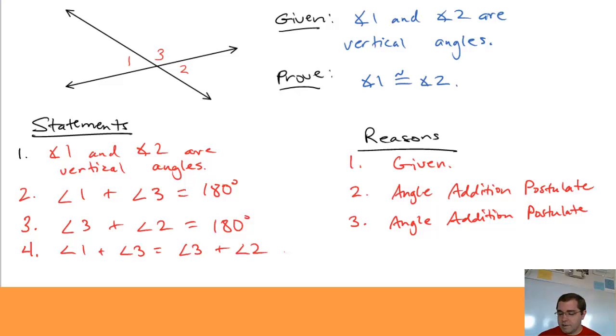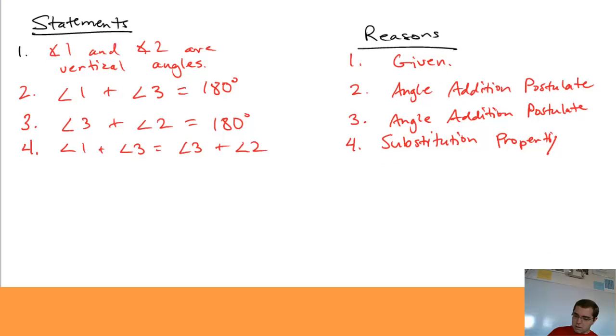Why can I replace 180 with angle 3 plus angle 2? What allows me to do that is the substitution property. Since 180 degrees is the same as angle 3 plus angle 2, I can replace them. Okay?